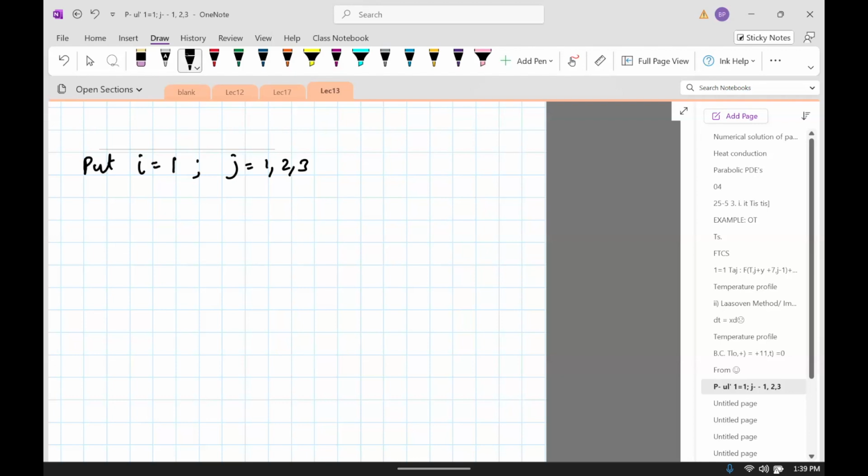Okay, so when you do that, you will get a 3 cross 3 matrix equation, which looks like this. It turns out that you'll get the same A matrix. This is the best part about these equations. You'll always get the same matrix.